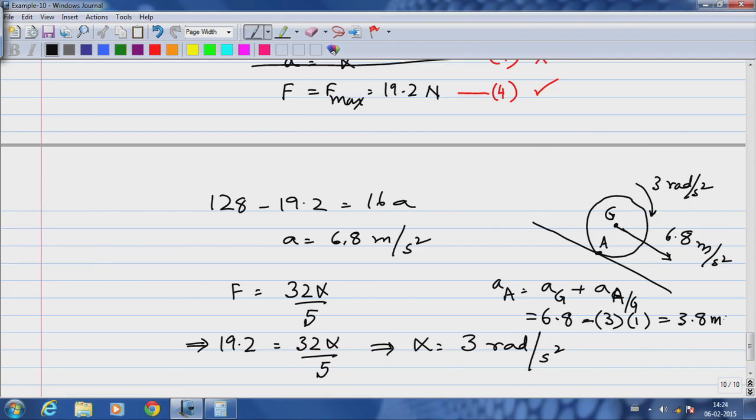That means the absolute acceleration of the point A using the laws of relative motion, which is the point of contact on the sphere side, is moving down at 3.8 meters per second squared.